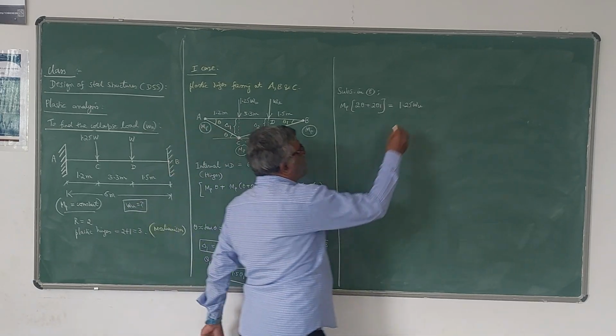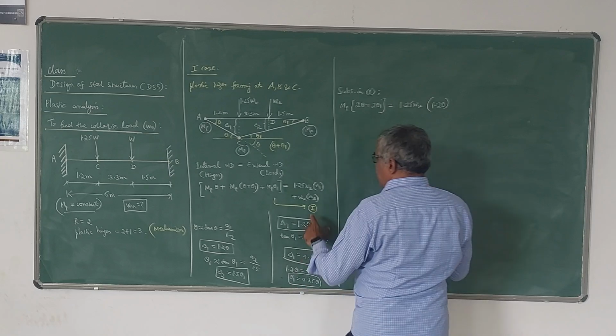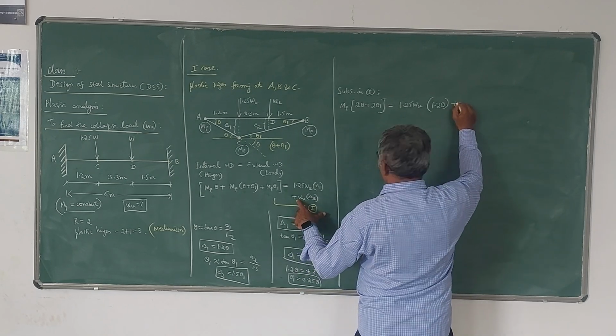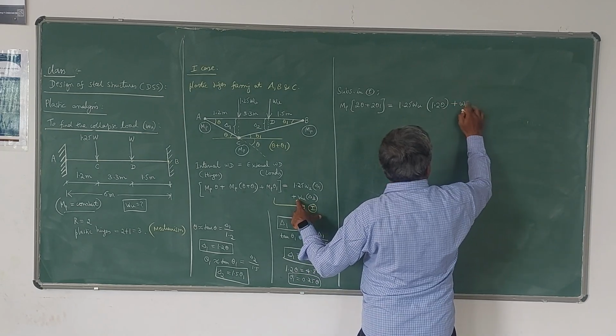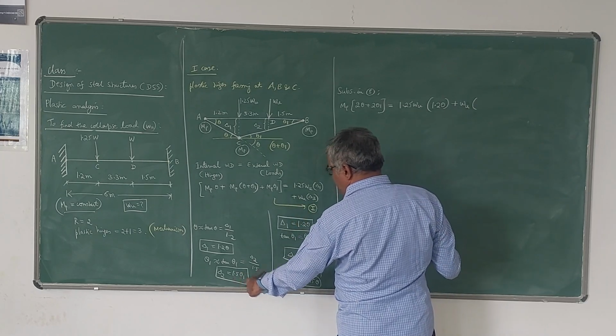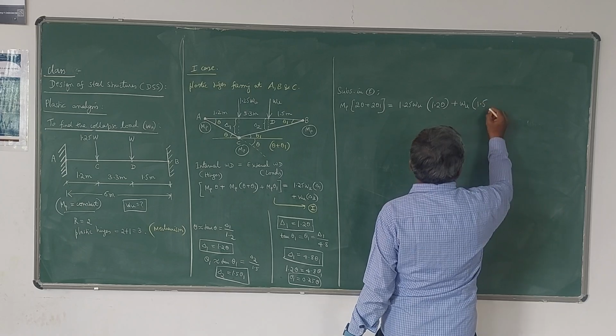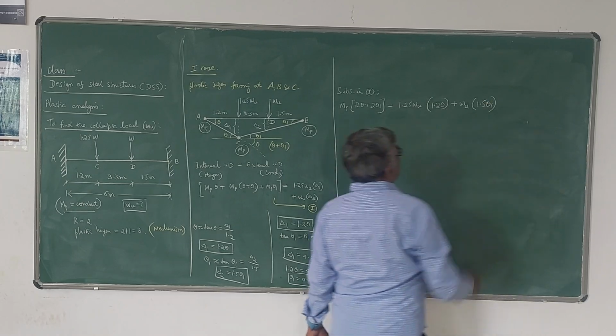Delta 1 is 1.2 times theta. Do it carefully. Plus WU into delta 2. Delta 2 is 1.5 times theta 1. Okay, this is how we can get it.